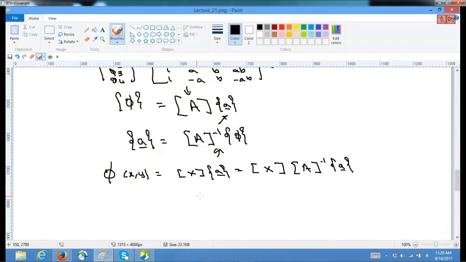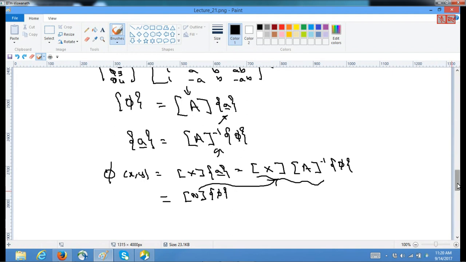times phi. But we know that this is also equal to N into p. So that means our N must be this one together, right?